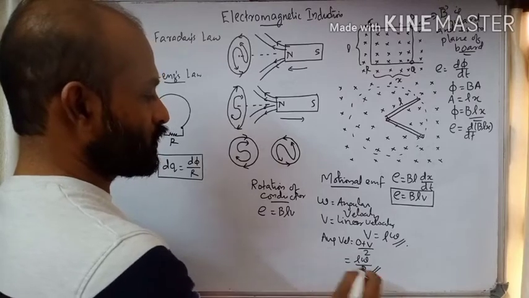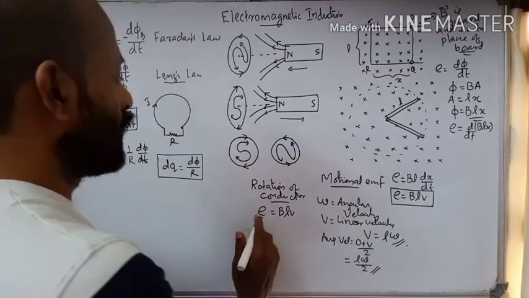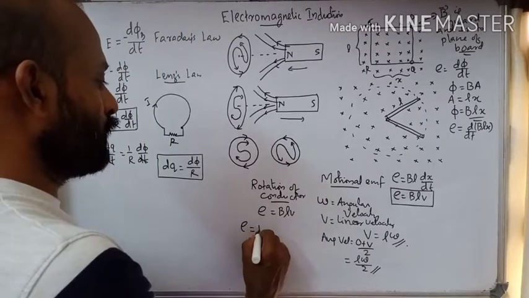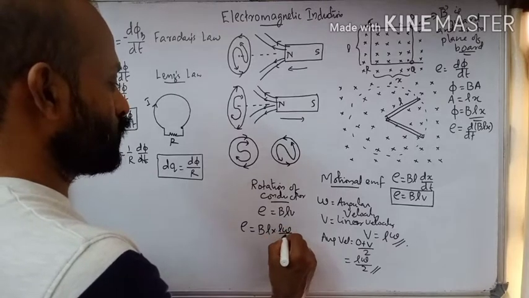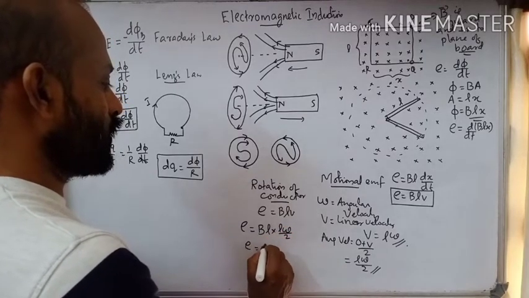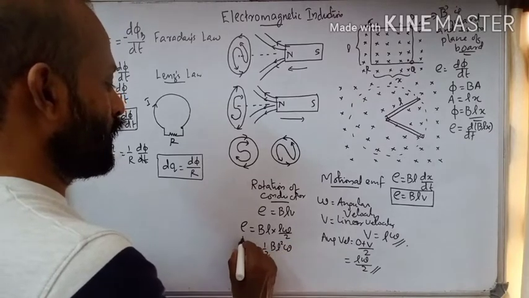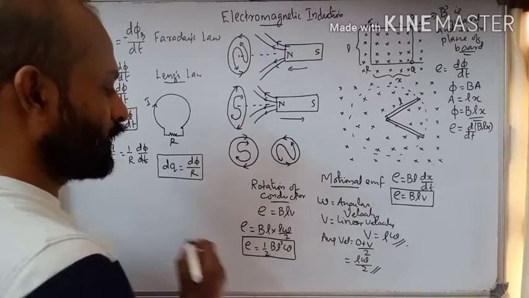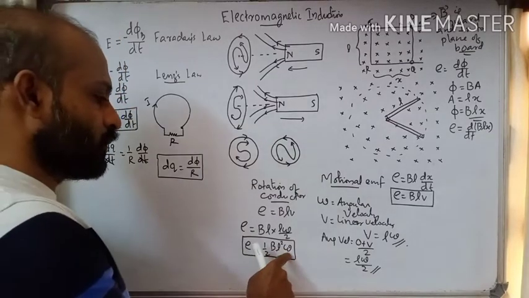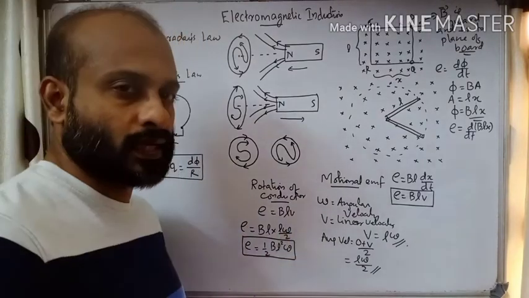Using this average velocity, the induced EMF is B into L omega by 2, which gives half B L squared omega. This is the equation for induced EMF when we rotate a conductor of length L with angular velocity omega in a magnetic field B.